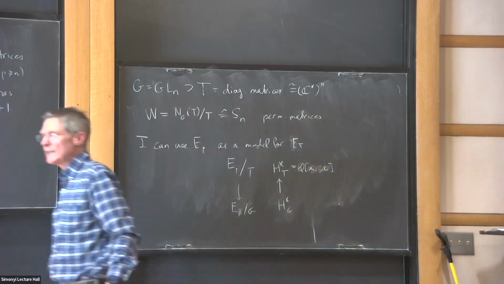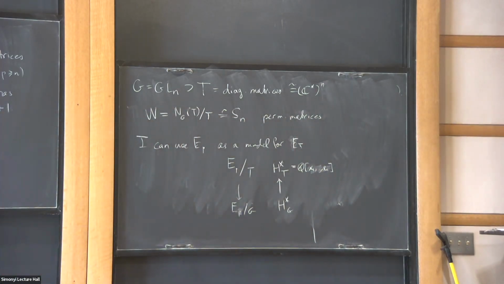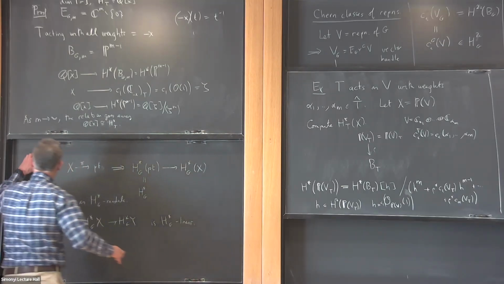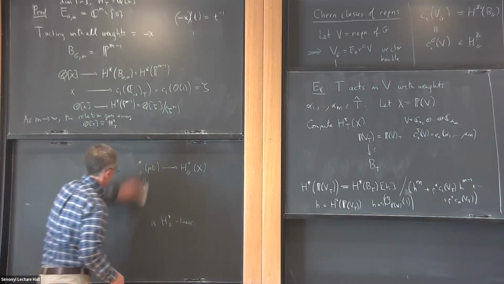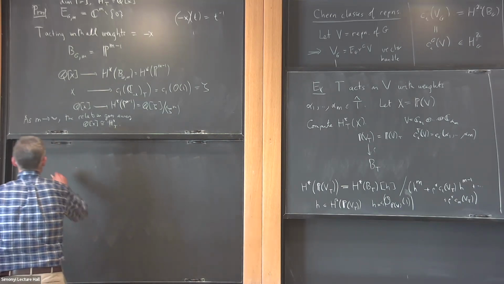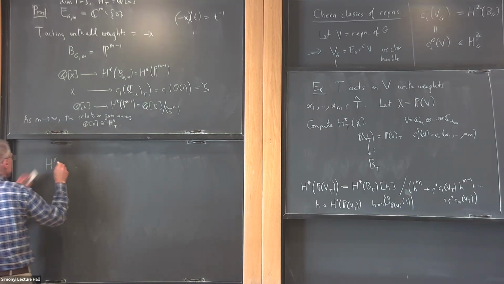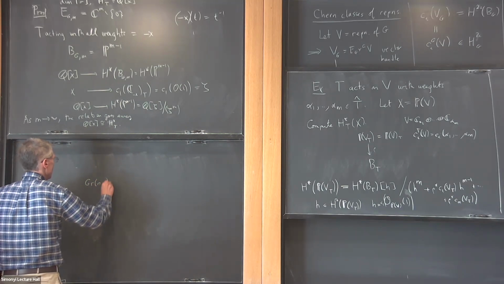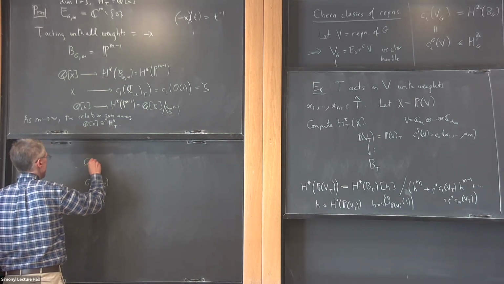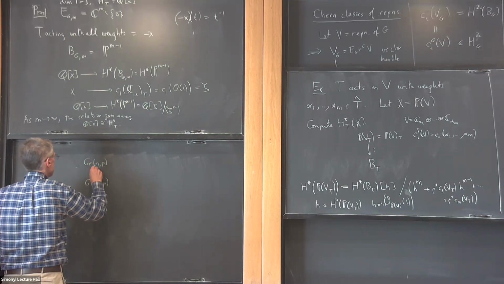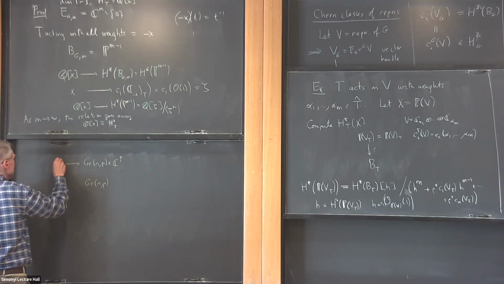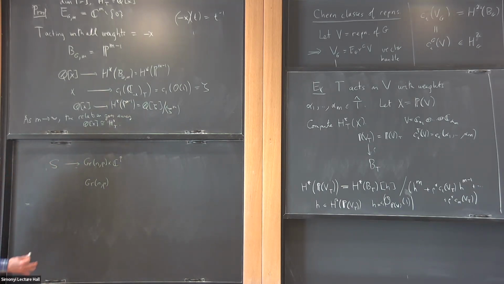Now, what is H star G? Well, on the Grassmannian, we have a trivial bundle, and sitting inside this, there's a subbundle S, the tautological subbundle.